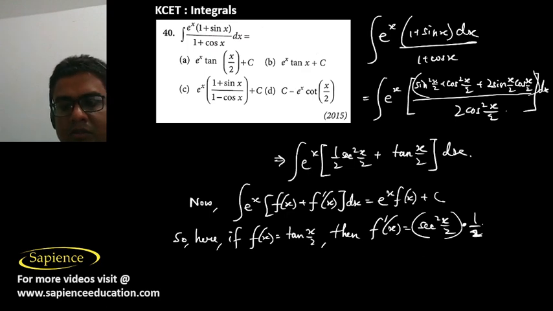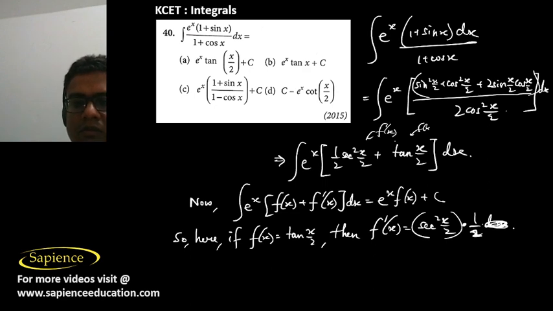No, sorry, this is f dash x. So therefore if I take this as f of x, then this will be f dash x. So therefore this integral I will be equal to e power x into tan x by 2 plus c. Option A is the correct answer.